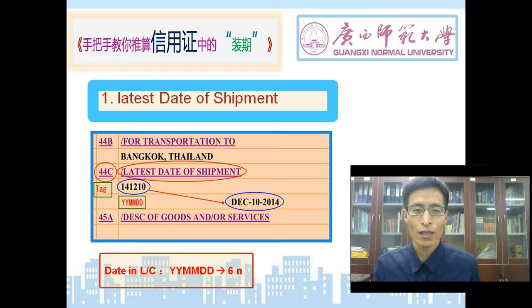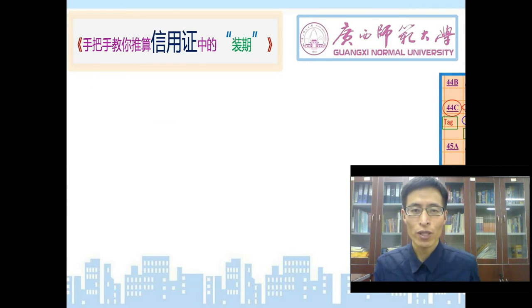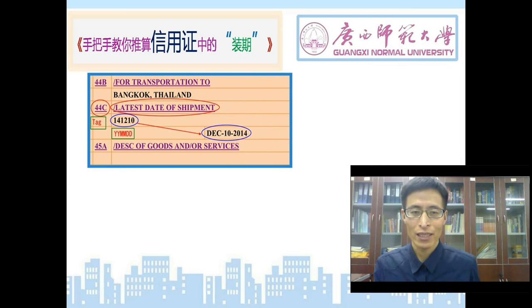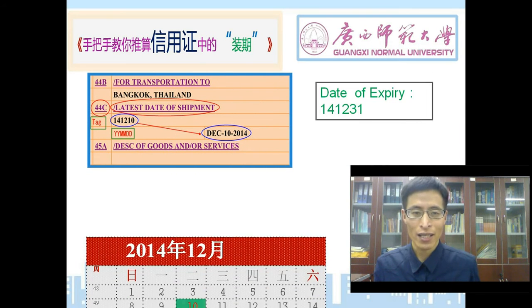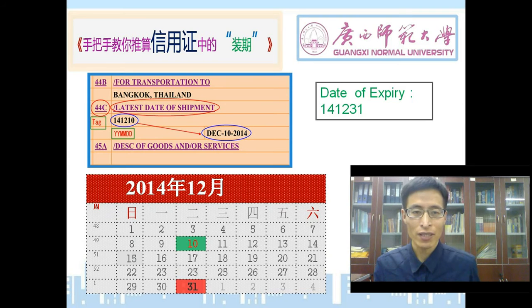And then let's use the calendar to illustrate this latest date of shipment, 14, 12, 10. Look at this calendar. The 10 is the specific day of December 2014. This is the latest date of shipment.